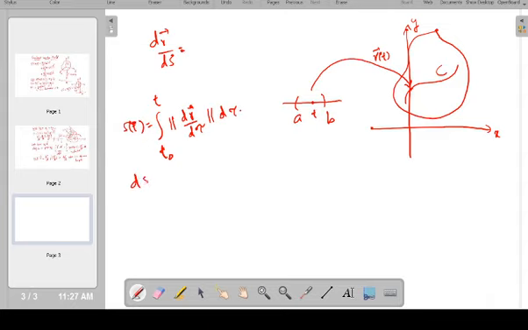Therefore ds by dt, by the fundamental theorem of calculus, is the value of the integrand at the upper limit, namely norm of dr by dt.